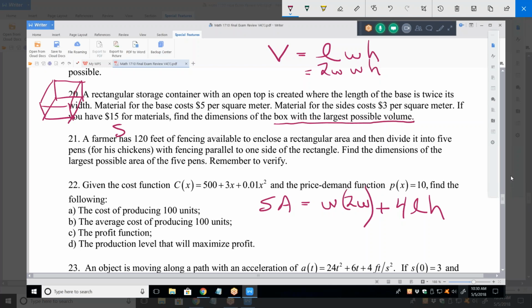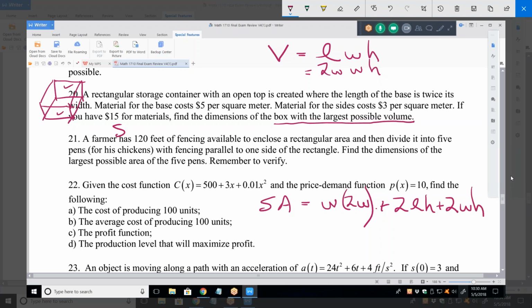Yes, you're absolutely right. In other words, we have the surface area of that and that. Here, let's do this again. That's the surface area of the base, plus 2 length times height plus 2 width times height.